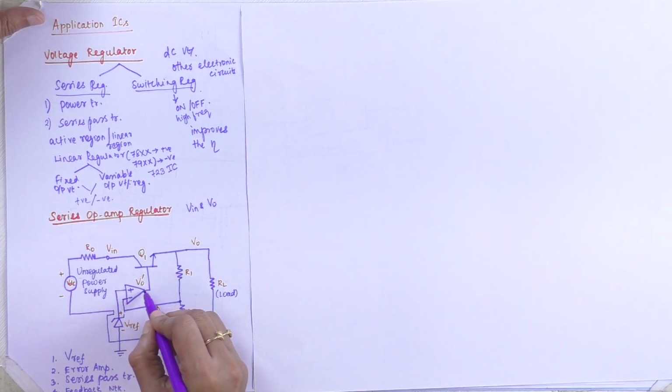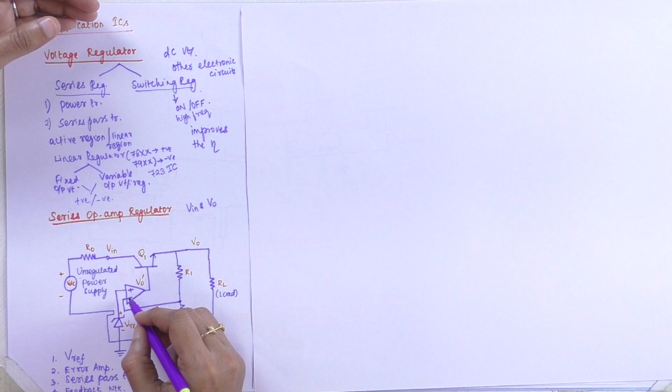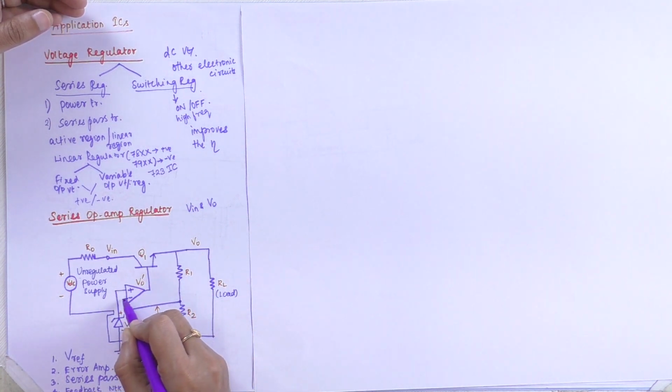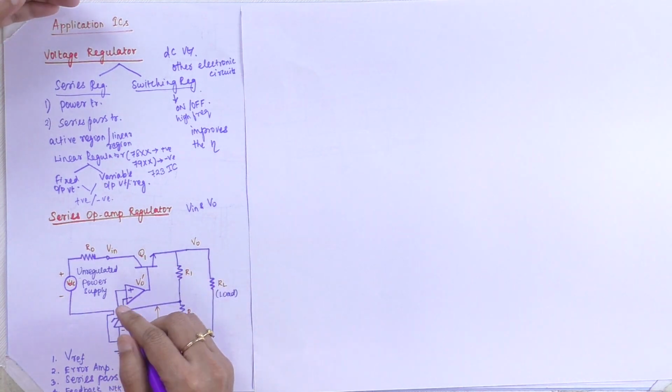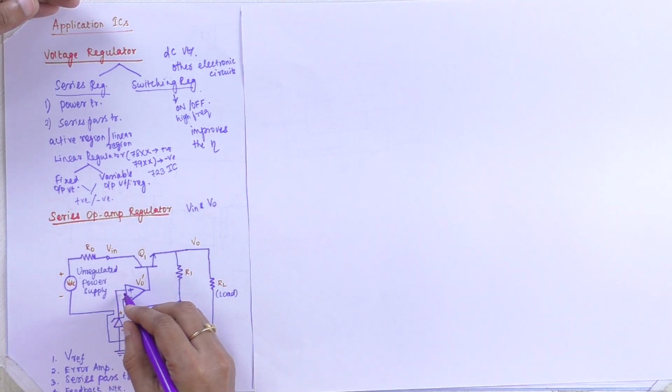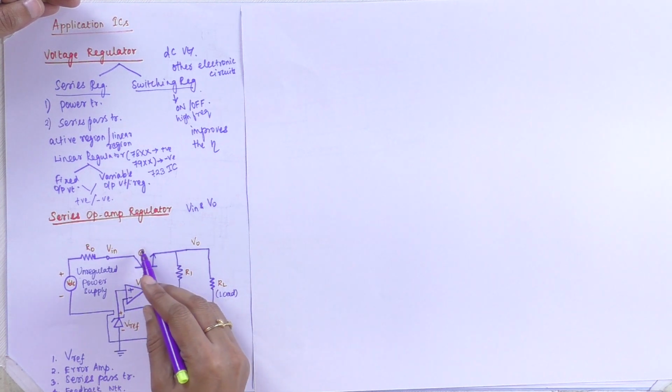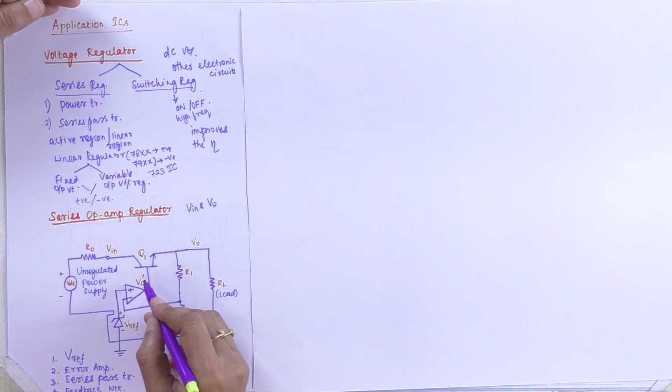So this error amplifier samples the voltages. Here the output voltage to be sampled is given to the inverting terminal and compared with the reference voltage. The output of the error amplifier, V0 dash, is used to drive the series pass transistor Q1.